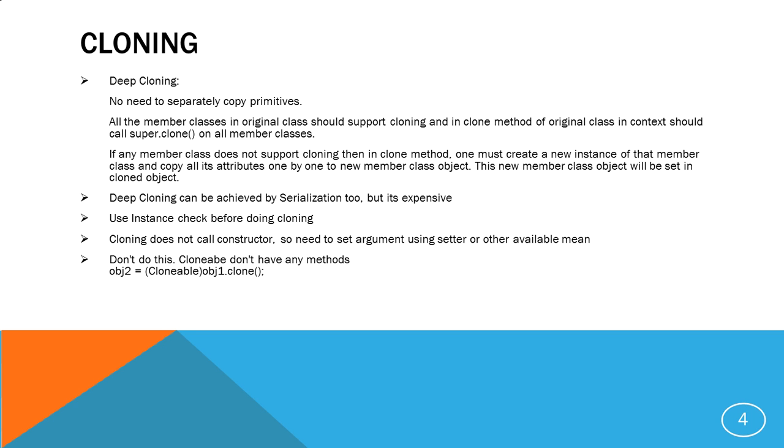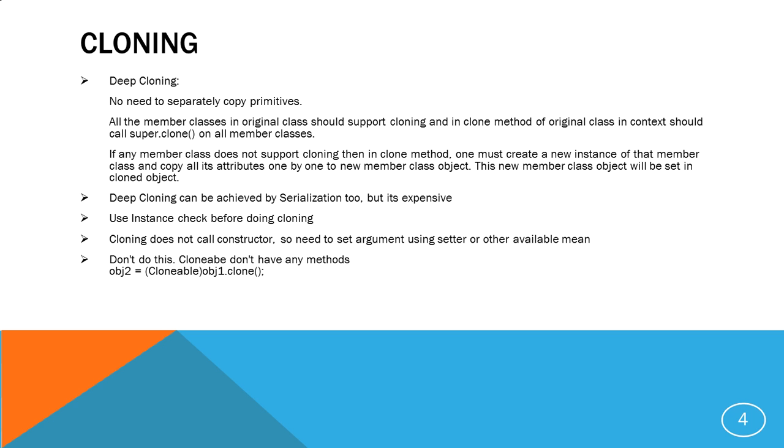Okay, so the point is, when you try to do deep cloning and you have some member class in a class, suppose Employee has a Department as a member class. When I'm trying to clone the Employee class, the reference of Department will be copied to the cloned object.